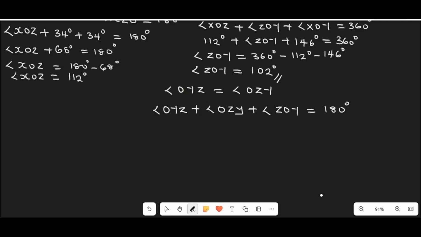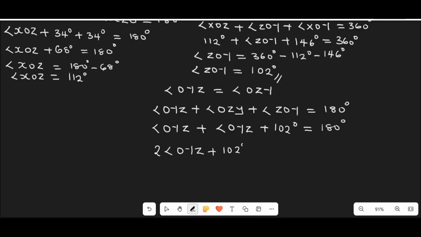So we can say angle OYZ plus angle OYZ plus our angle ZOY is 102 degree equal to 180 degree. Angle OYZ plus angle OYZ will give us 2 multiplied by angle OYZ plus 102 degree equal to 180 degree.